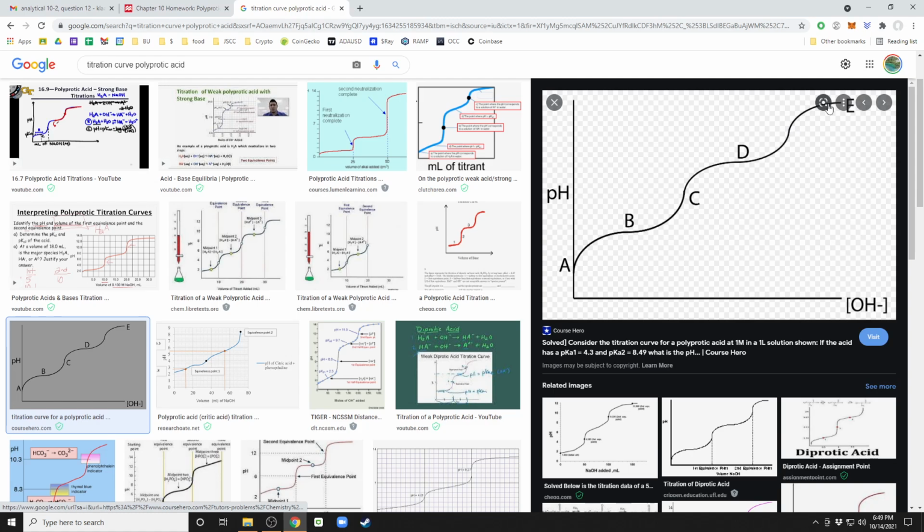By the way, it again flattens off because whatever OH minus you put in there, eventually it reaches a peak where you have essentially pure base, and so it doesn't make any difference whether you put more in or not.